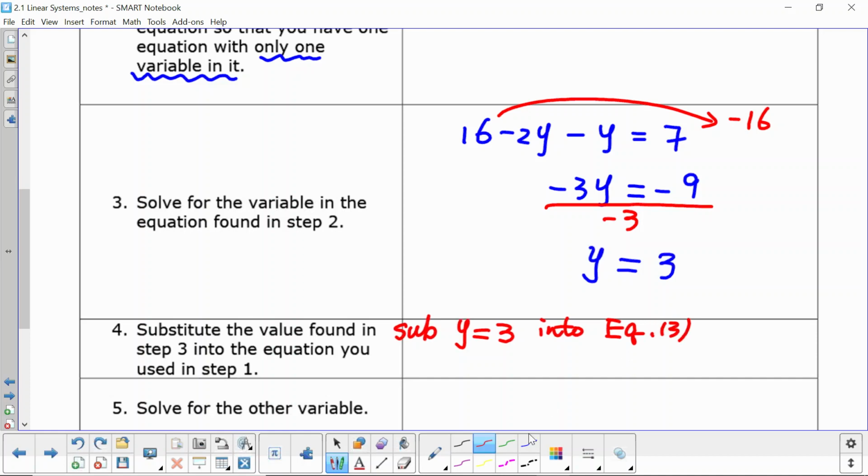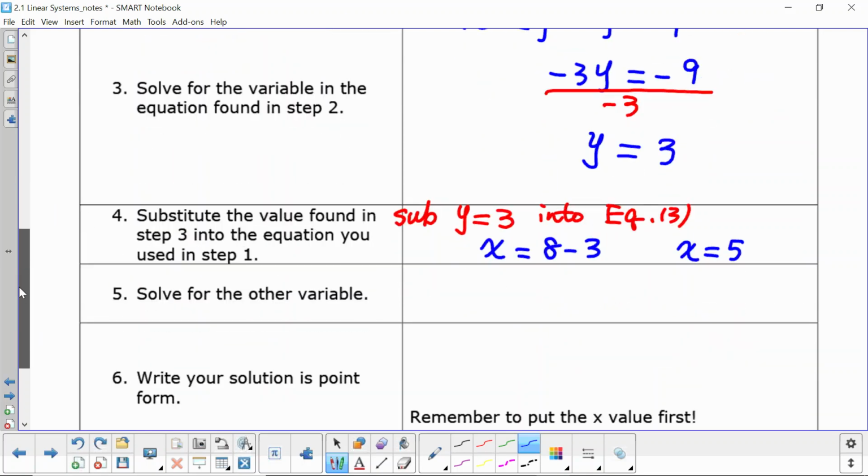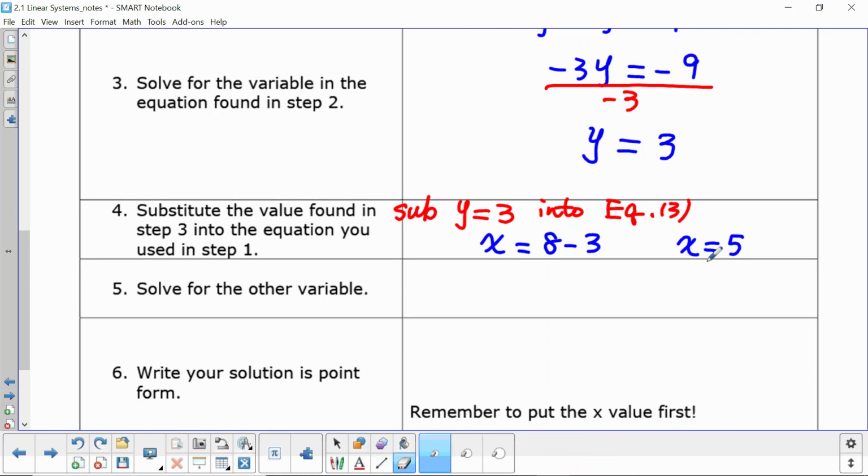Then you have x equals 8 minus y, which gives you x equals 5. Then you have solved for both x and y. Then we know the point of intersection is, if you move this here, it's just x equals 5.